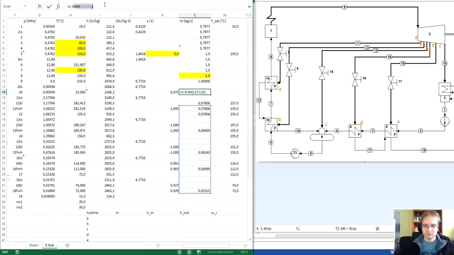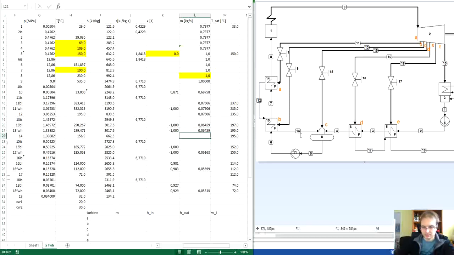We have to use here a little different formulation. Number 10 is 1 minus alpha A minus alpha B minus alpha C minus alpha D and alpha E. So now point number 13.